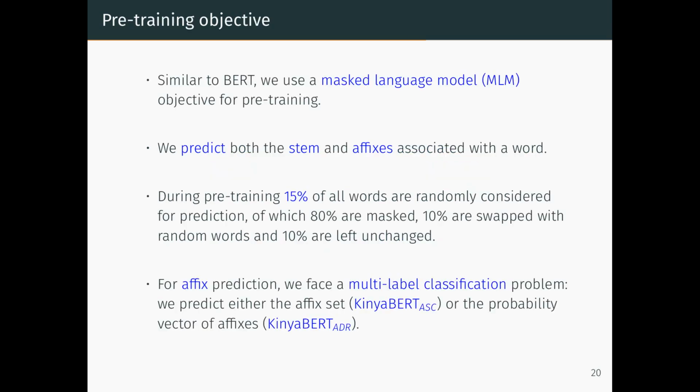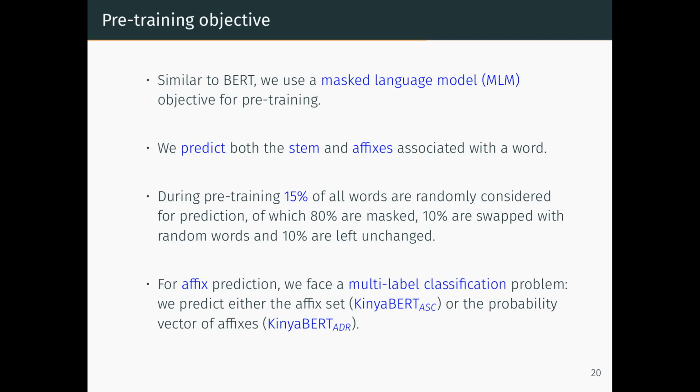Similar to BERT, we use a masked language model pre-training objective. Essentially, we have to predict both the stem and the affixes that are associated with the words. During pre-training, 15% of all words are considered for prediction, of which 80% are masked, 10% are swapped with random words, and 10% are left unchanged.